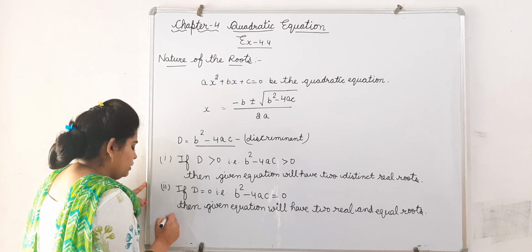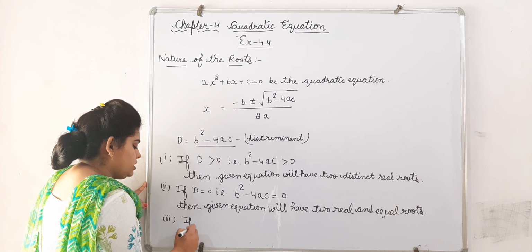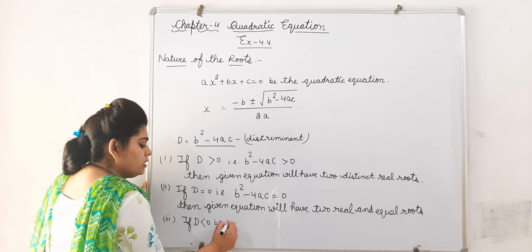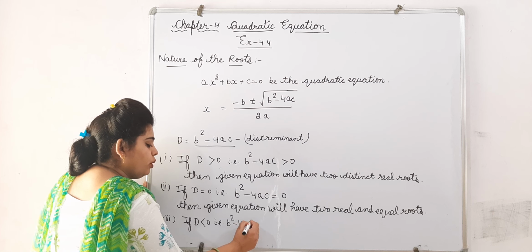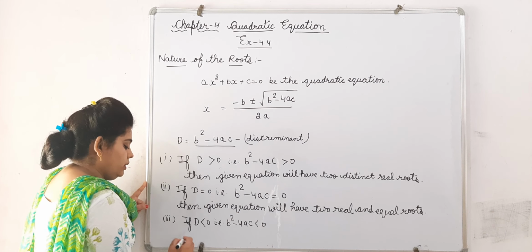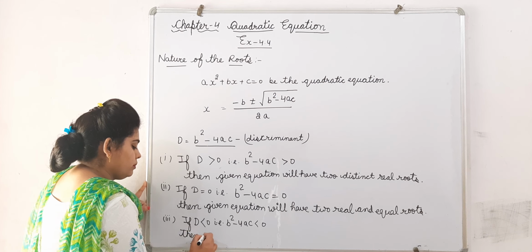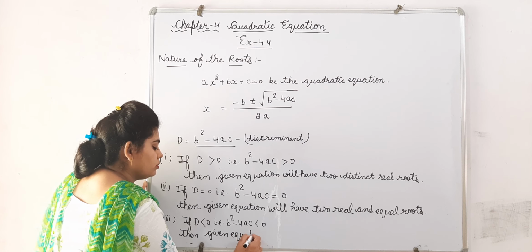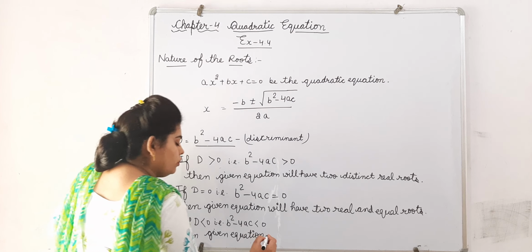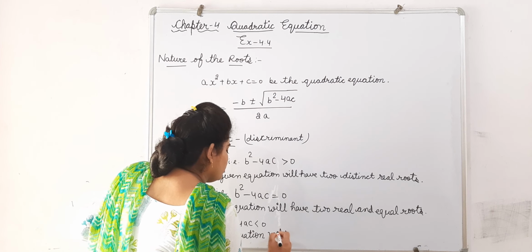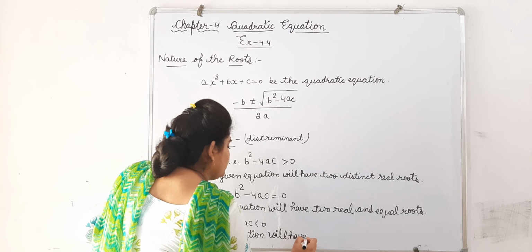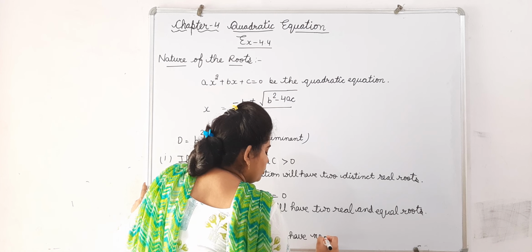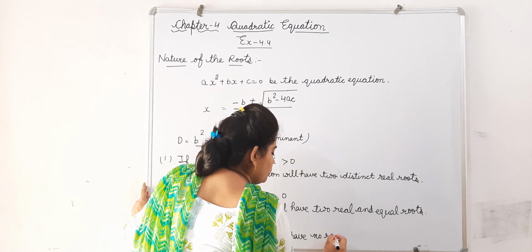Now the third condition, if D, the discriminant, is less than 0, that is b square minus 4ac less than 0, then the given equation ax square plus bx plus c will have no roots.